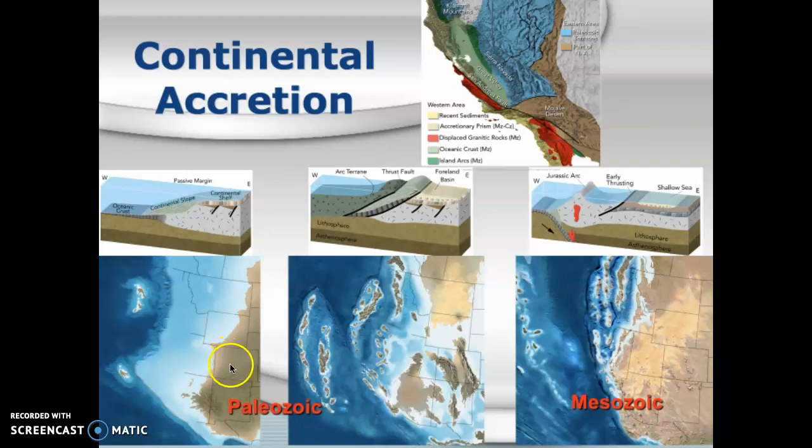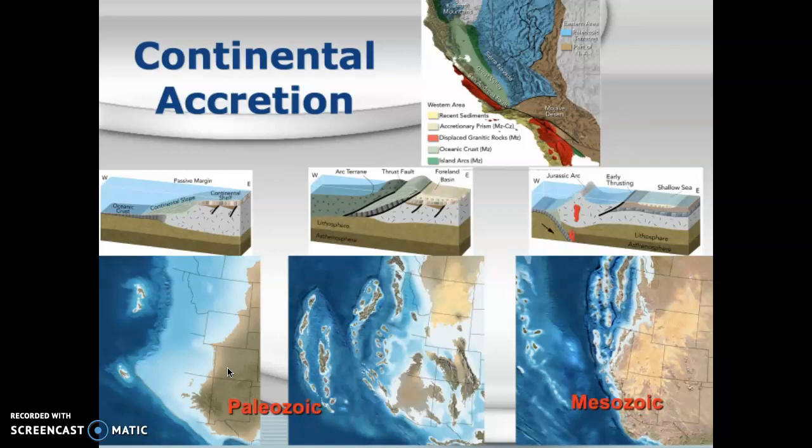And you can see that over the course of about 300 million years, North America has slowly accumulated more and more material through accretion and has built out the continent, and that's how we now include the western states, Washington, Oregon, California, Nevada.